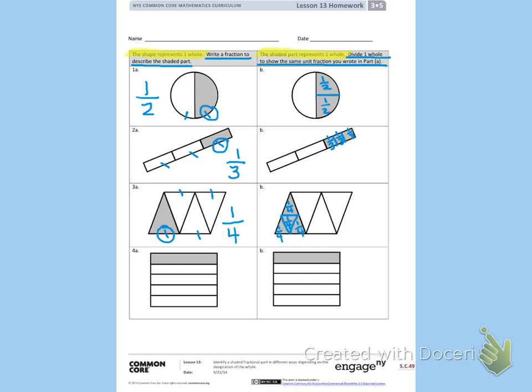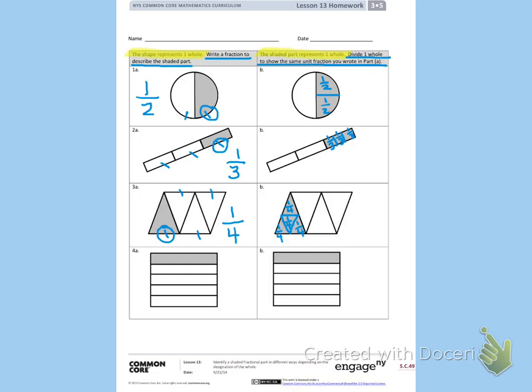Okay, you're going to do items 4A and 4B by yourself. For 4A, count up how many pieces there are in all and write it on the bottom part of the fraction. Then count up how many pieces are shaded and write it on the top part.